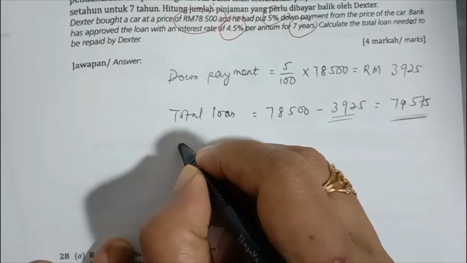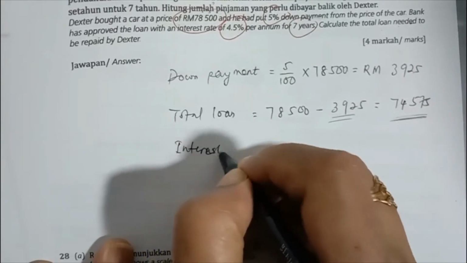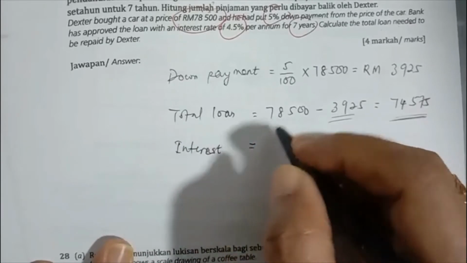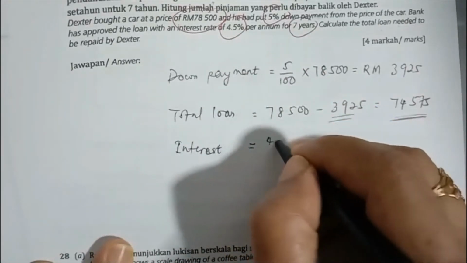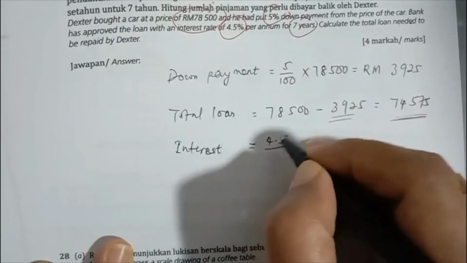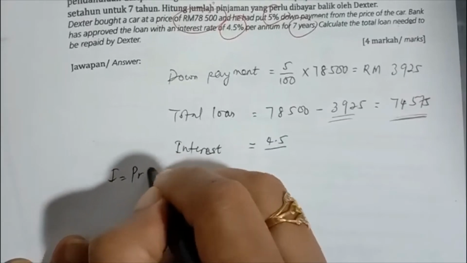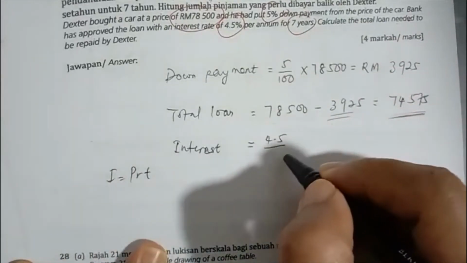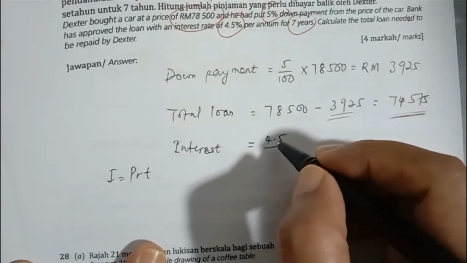So interest berapa? Ini gunakan formula simple interest. So interest equals to how many? 4.5% per year. Gunakan formula ialah I equals to PRT. Okay. So formula dia samalah kalau saya calculate macam ni.